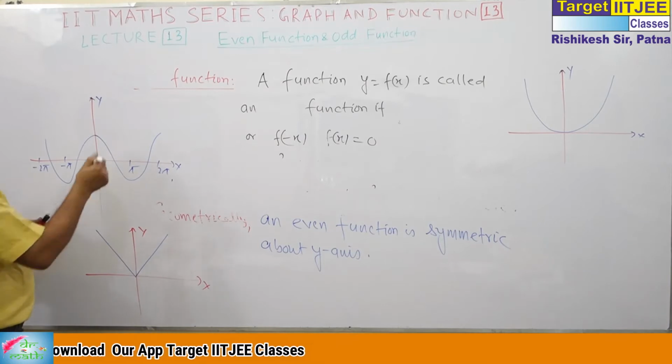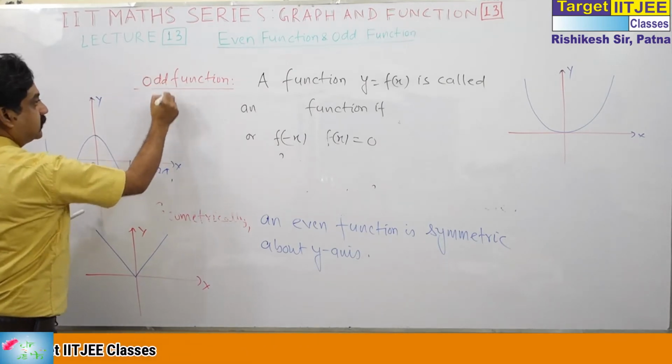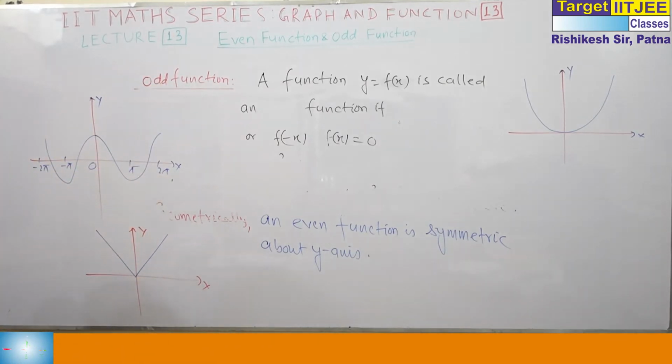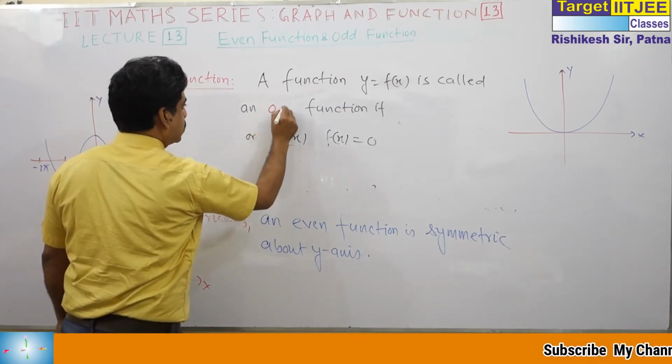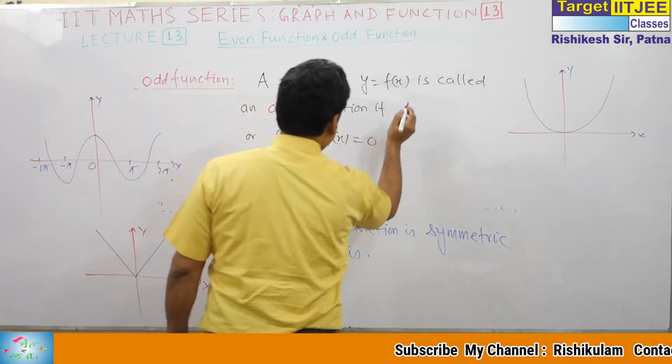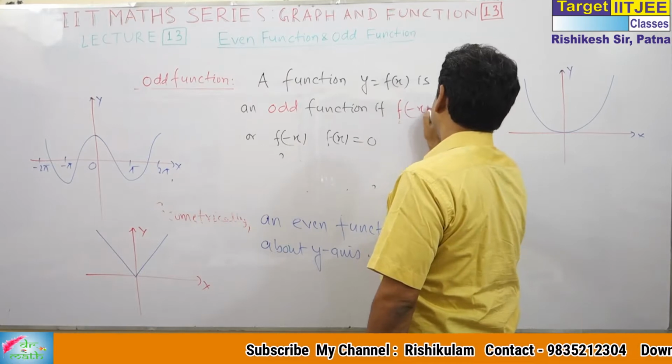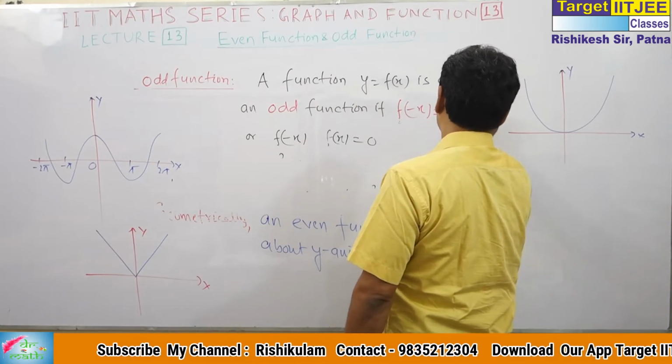Odd function now. A function y is equal to f(x) is called an odd function if f(minus x) is equal to minus f(x).